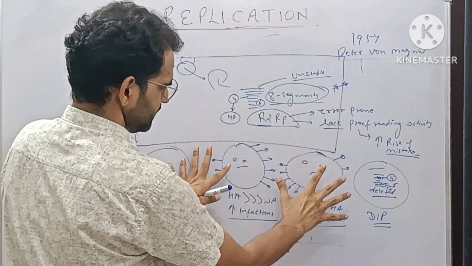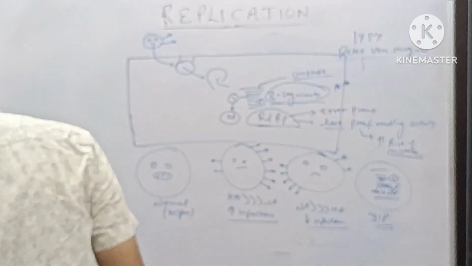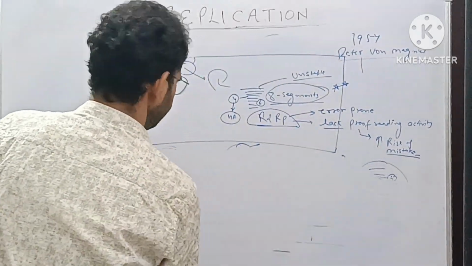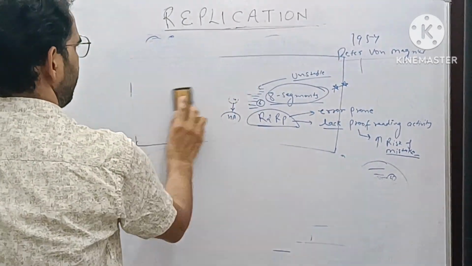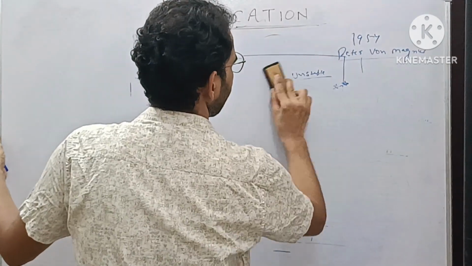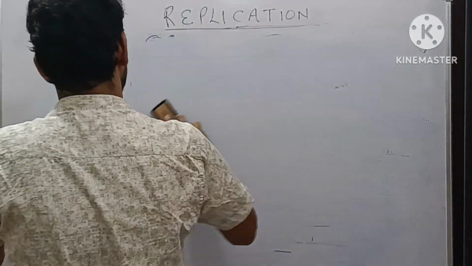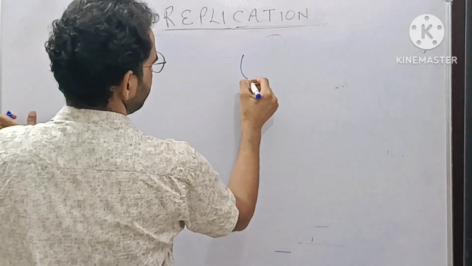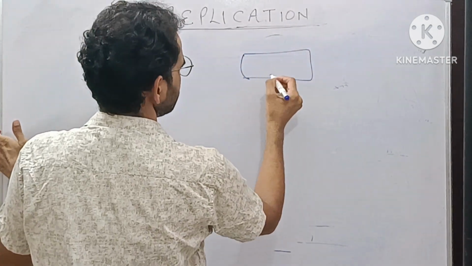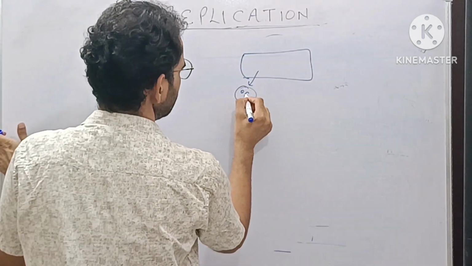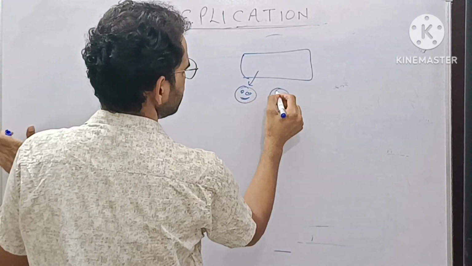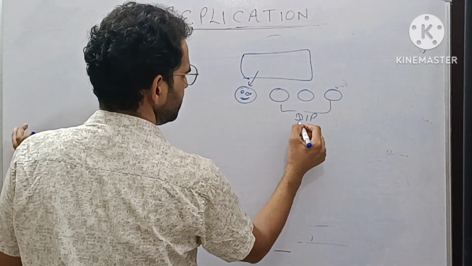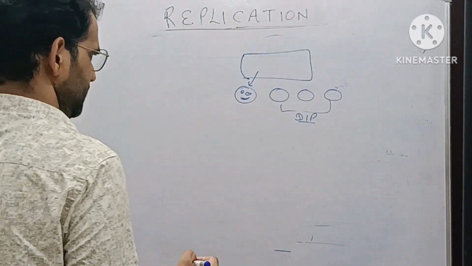Suppose the first time, this was the cell and this is normal, and these three are defective. We call them defective particles.